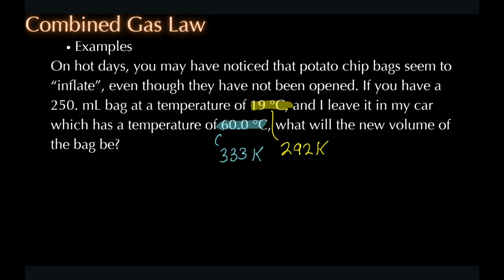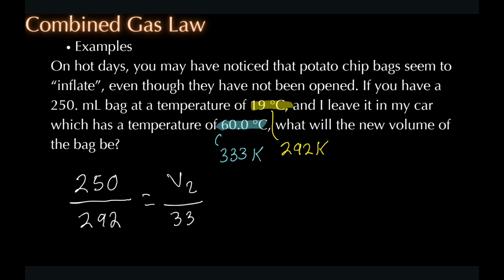Now, the initial volume of the bag is 250 milliliters. So we'll start with our 250 milliliters on top, divided by the initial temperature of 292. Set that equal to the final volume, which it is asking us to find, over the final temperature being 333.